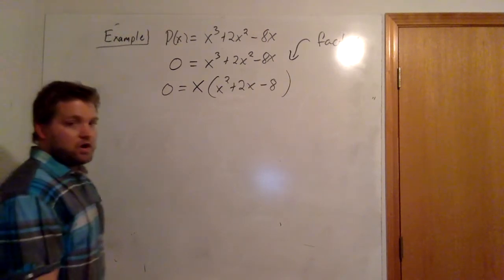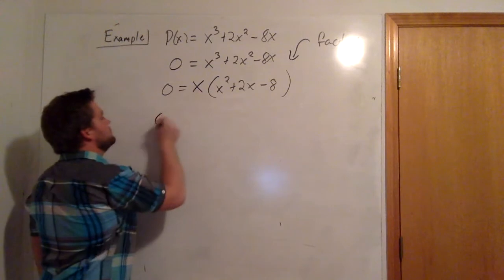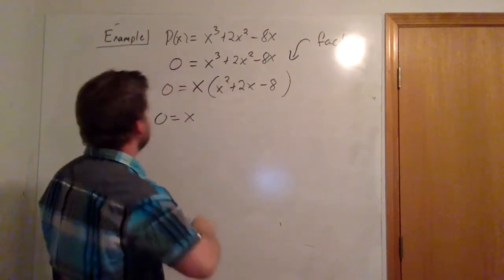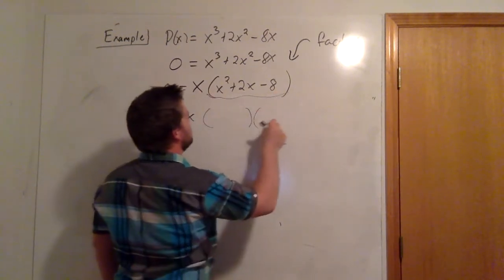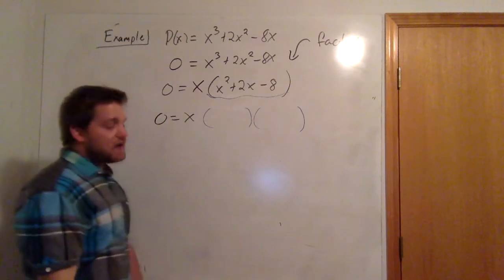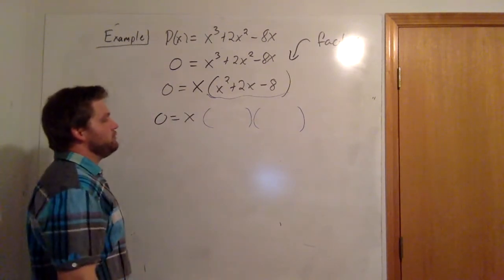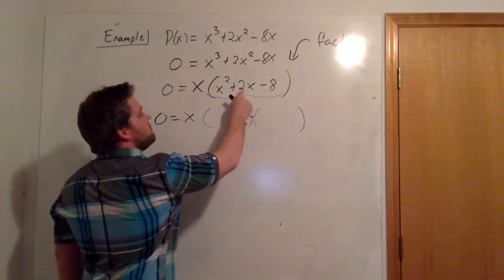So we can continue on here. What we want to do now is factor this quadratic. So 0 equals x times this quadratic right here, which is going to factor something like this. Remember, how to factor quadratics is we look for the factors of the constant term that add to the middle coefficient.